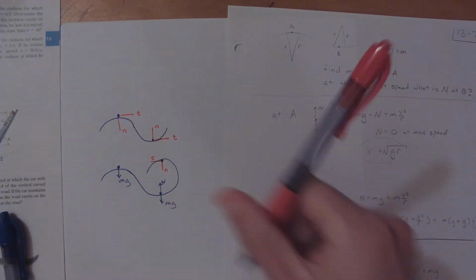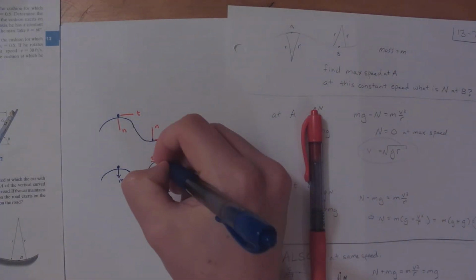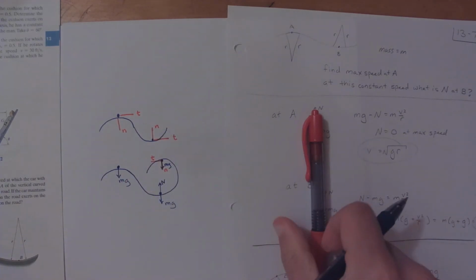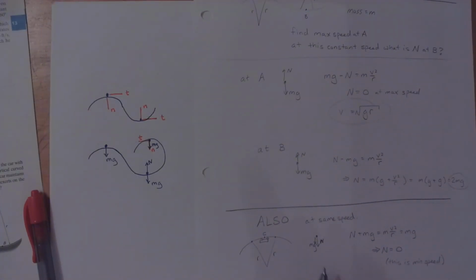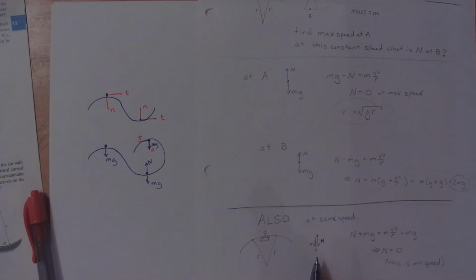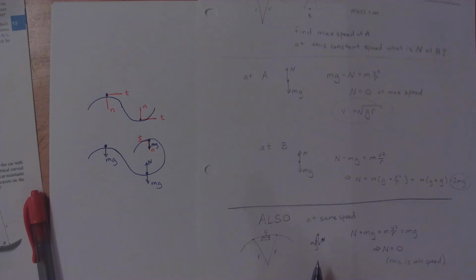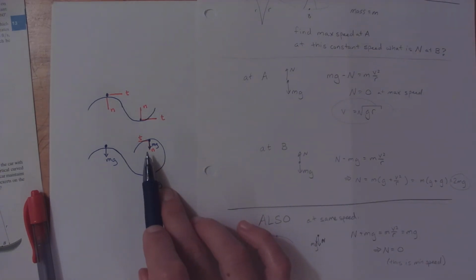This is the tangential direction, and you have a force of gravity pointing downward. If you have a normal force, the normal force would also be pointing downward. The faster you go, the greater the normal force is, but if you go too slow, you're not going to stay on the road, you're going to fall.